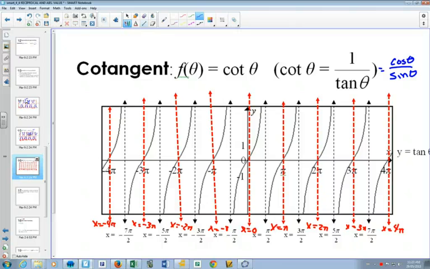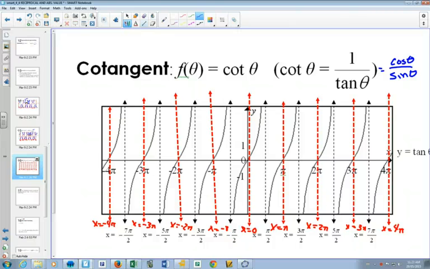Because it's going to be a little bit different. Because if I graph 1 over tan, you can see that my original graph goes up forever and down forever. And so according to our reciprocal graph rules, we would have an asymptote at y equals 0. There would be a horizontal asymptote.